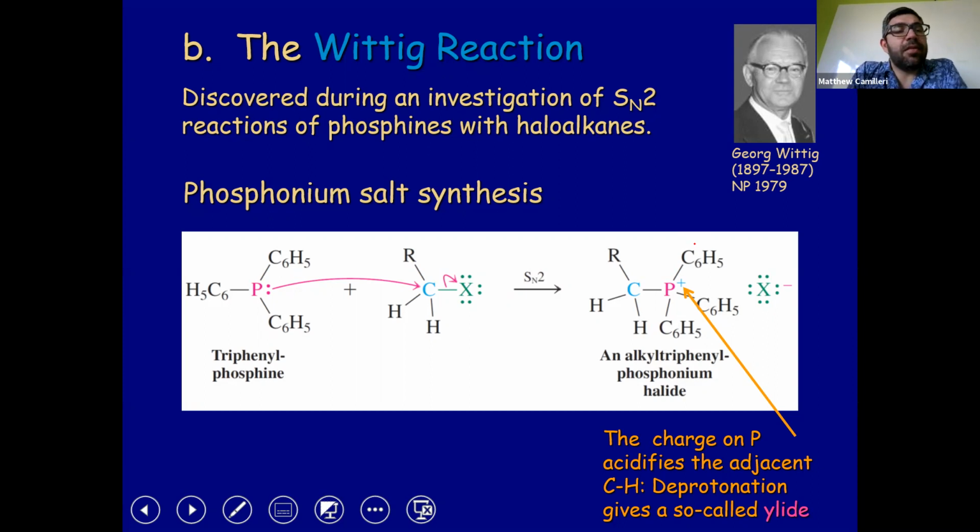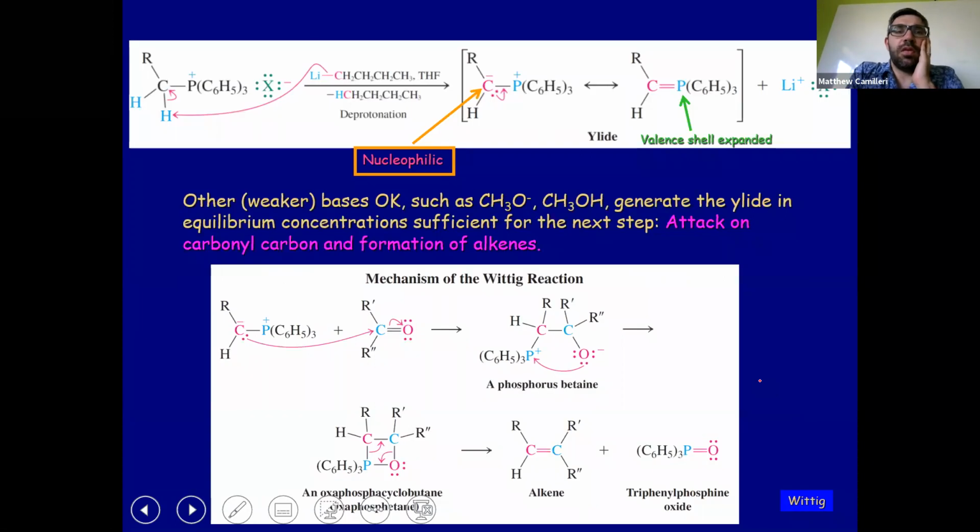This is done by having a phosphine, such as triphenylphosphine, and you react it via SN2 with a haloalkane. And you will end up getting a positive phosphorus. Once this phosphonium salt is prepared, then you can use it in your reaction. And this is the mechanism.